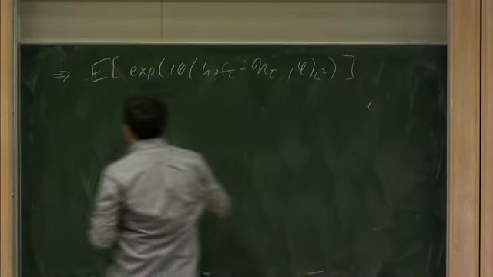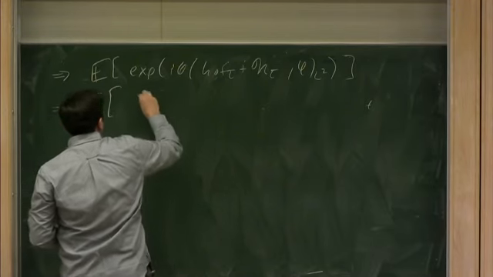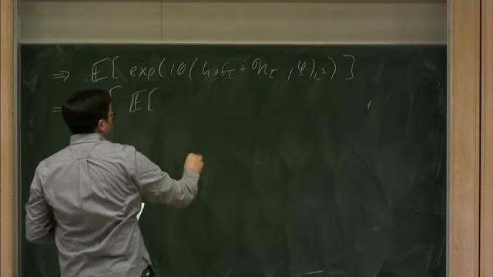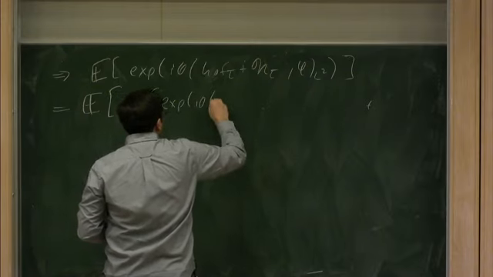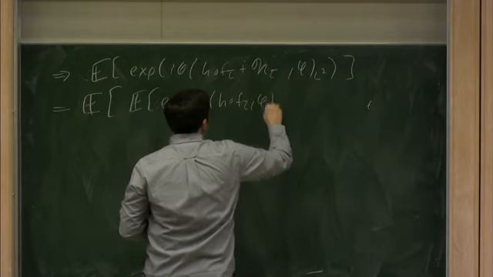To calculate this, I can take a conditional expectation given f tau, and I'm going to leave this first part in there.